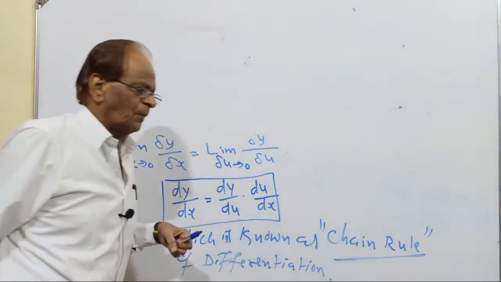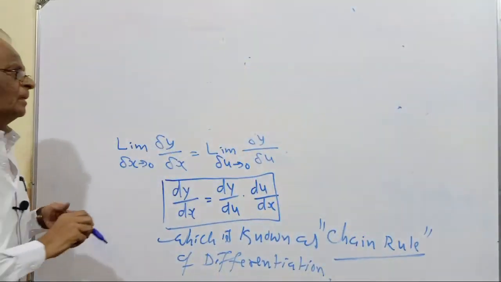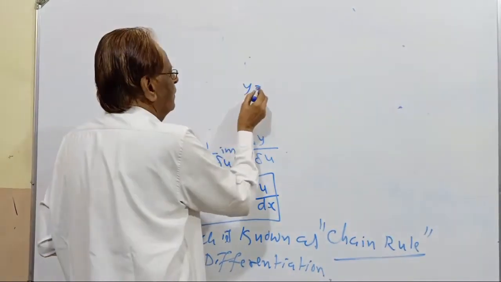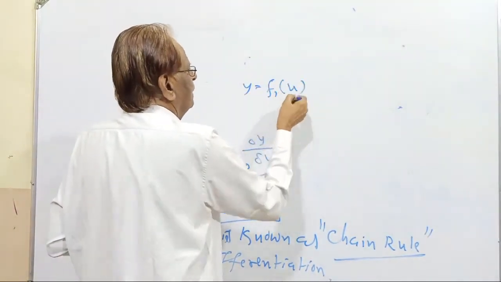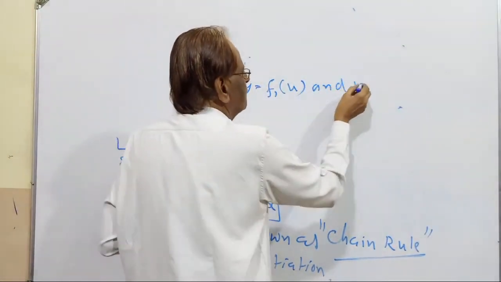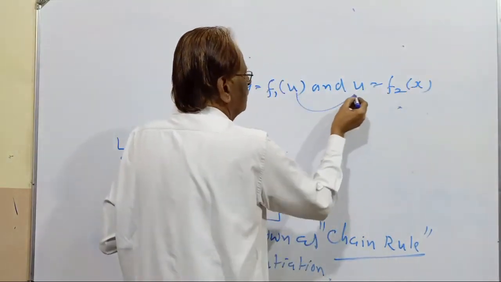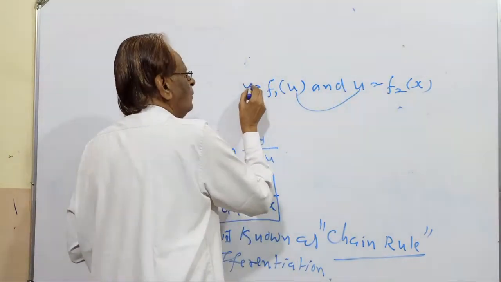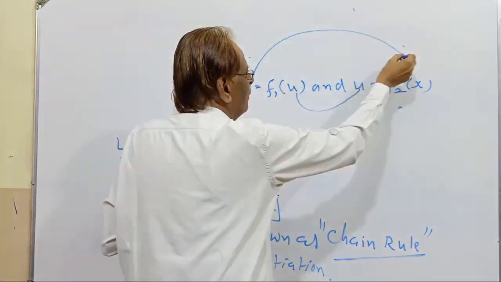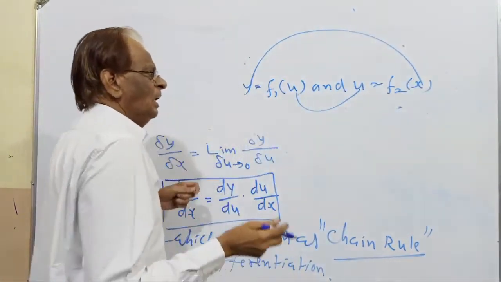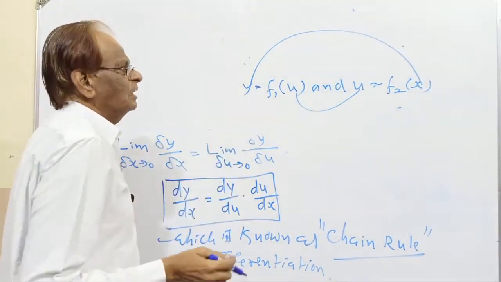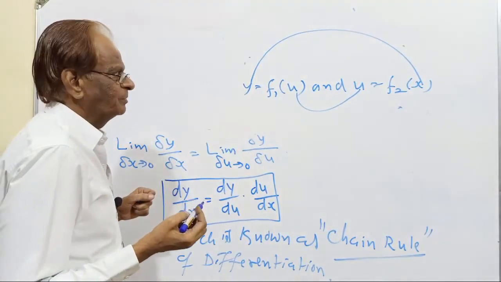First, starting we have defined y is a function of u. Next, we have defined u is another function of x. Then we can connect y and x indirectly. Using u, we can connect y and x.